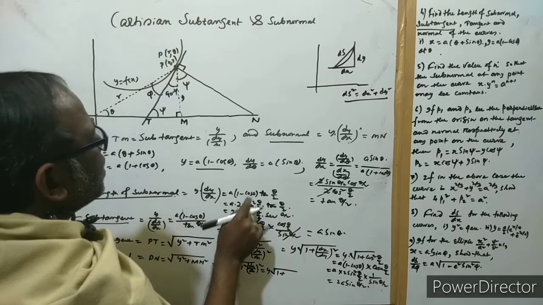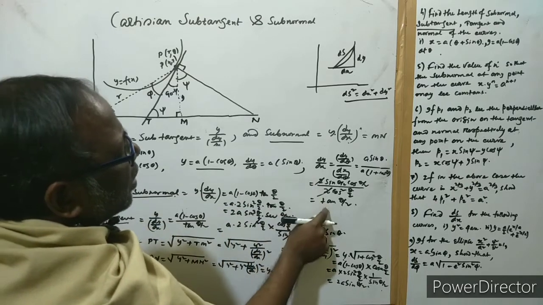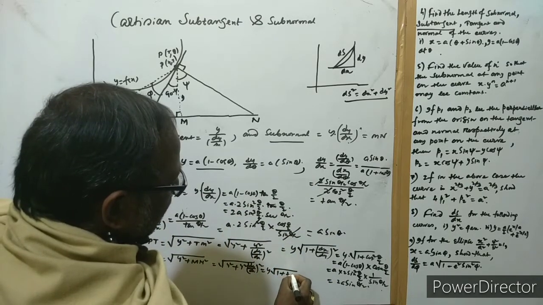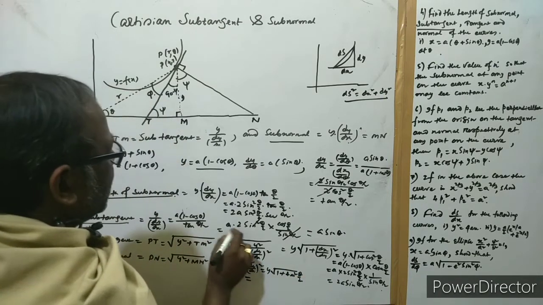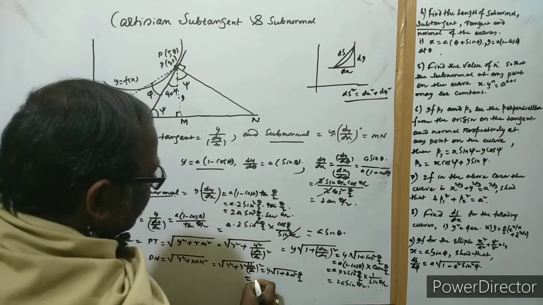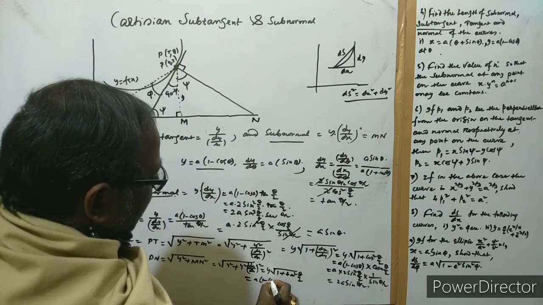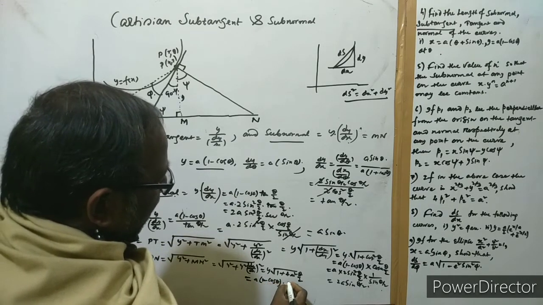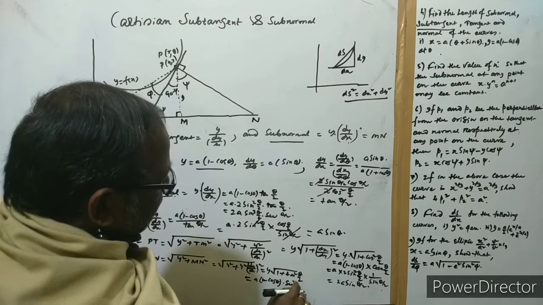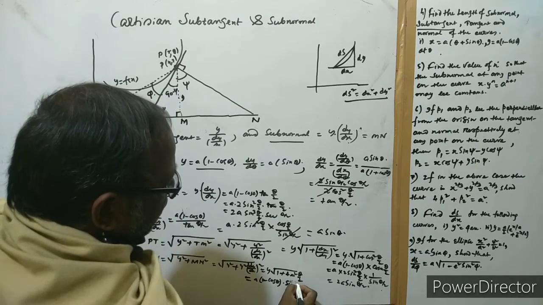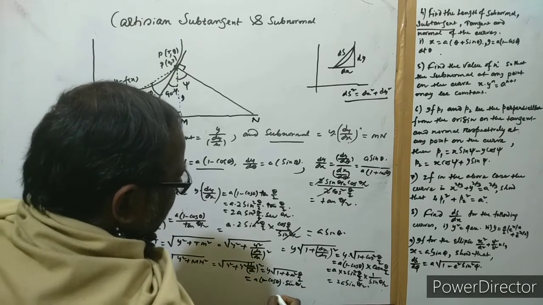The value of dy by dx is tan theta by 2, and the value of y is a into 1 minus cos theta, and 1 plus tan square is sec square, so sec theta by 2.